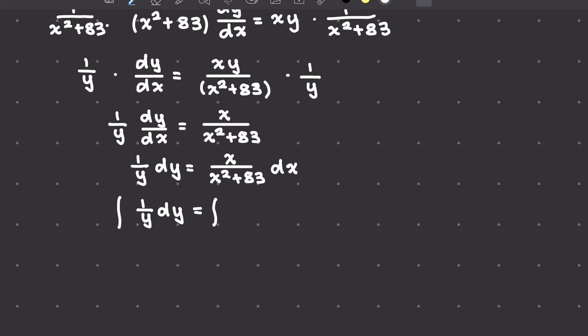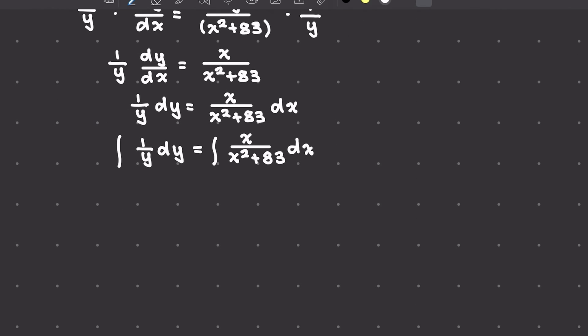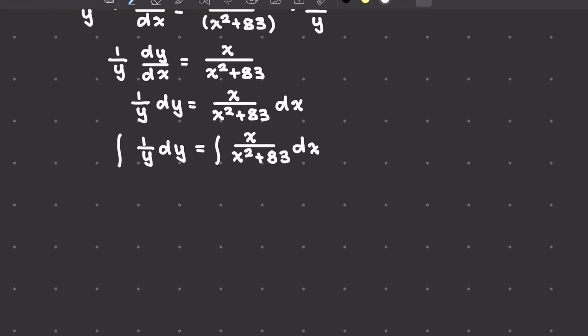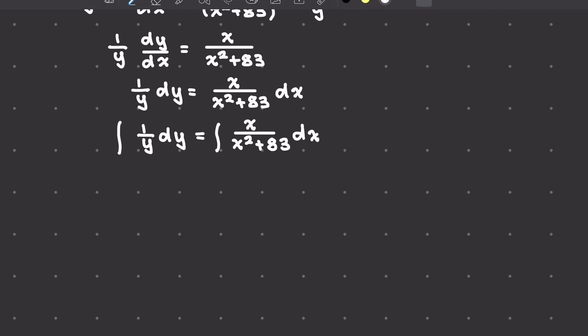So we're going to integrate this side with respect to dx. For the left-hand side, we know the integration of 1 over y becomes ln of y. For the right side, we can use either u-substitution, or what I usually like to do is called the throwback method. It is similar to u-substitution, but it's simpler for me.